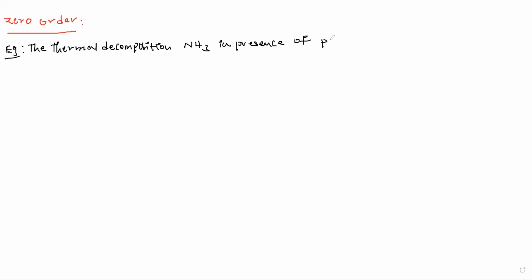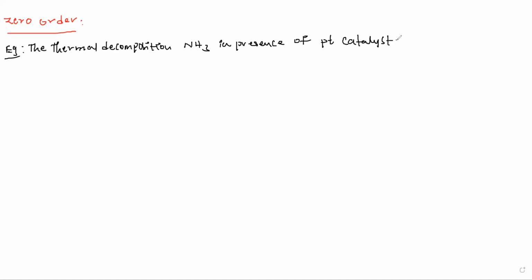Okay. Now listen very carefully. Examples of zero order reaction. Examples: the thermal decomposition of ammonia on the surface of hot platinum catalyst, in presence of platinum catalyst.